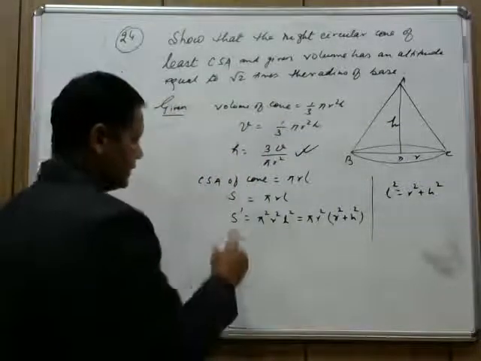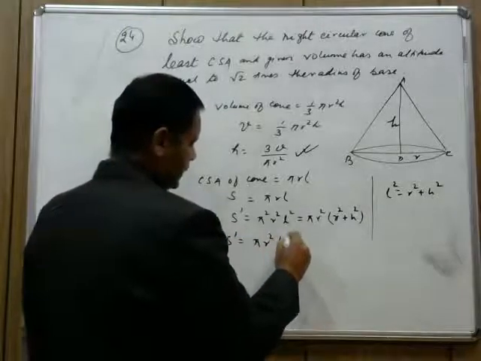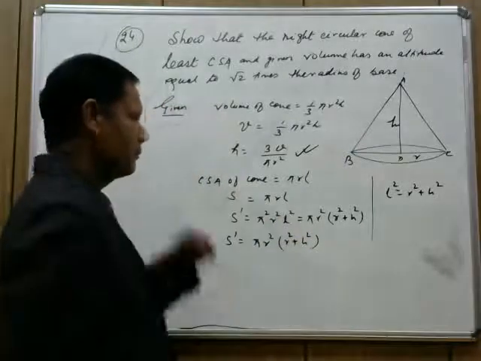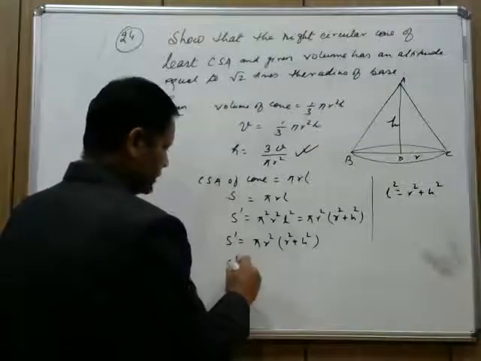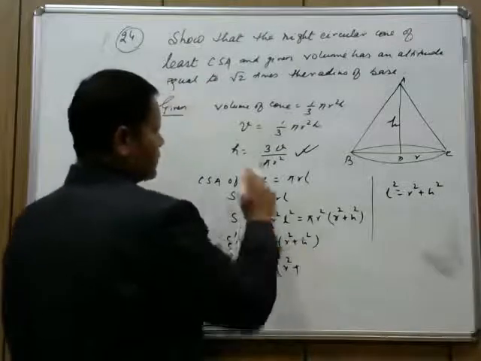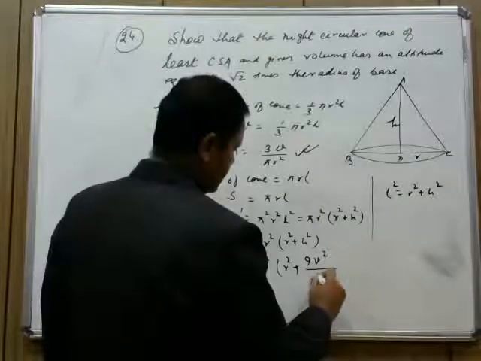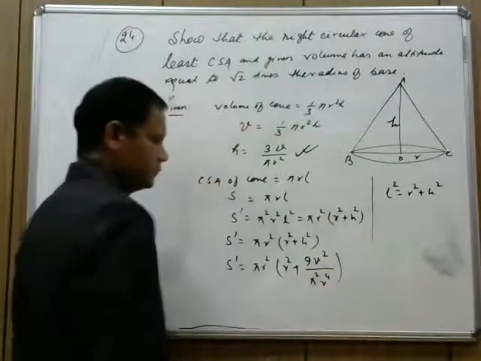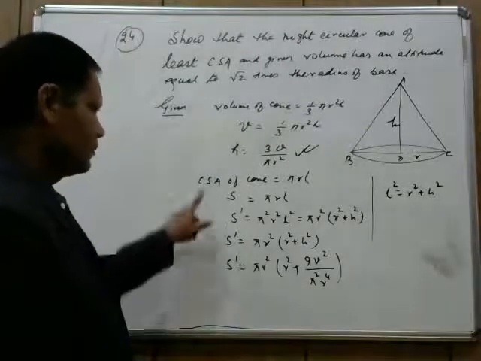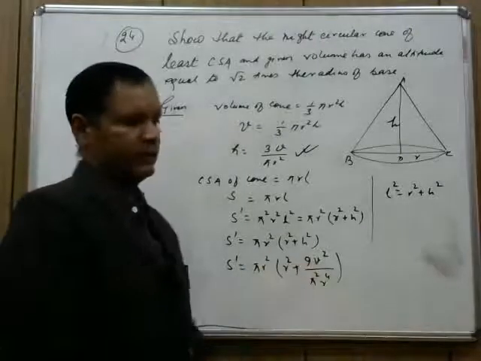So now S dash is equal to pi r square in bracket r square plus h square. We have h is 3V upon pi r square. That means I can write now S dash is equal to pi r square plus, in place of h square, 9V square upon pi square r to the power 4. That is, ultimately I got curved surface area in terms of r and the given term V.